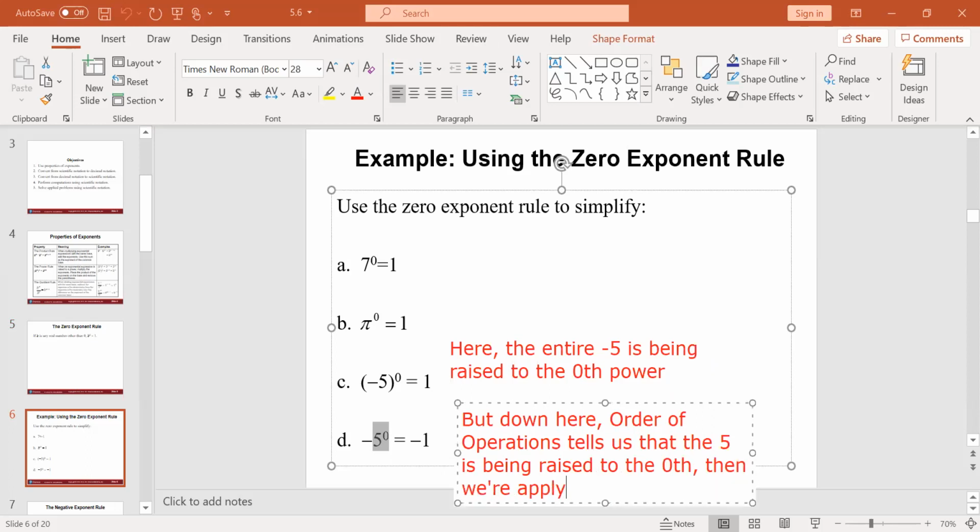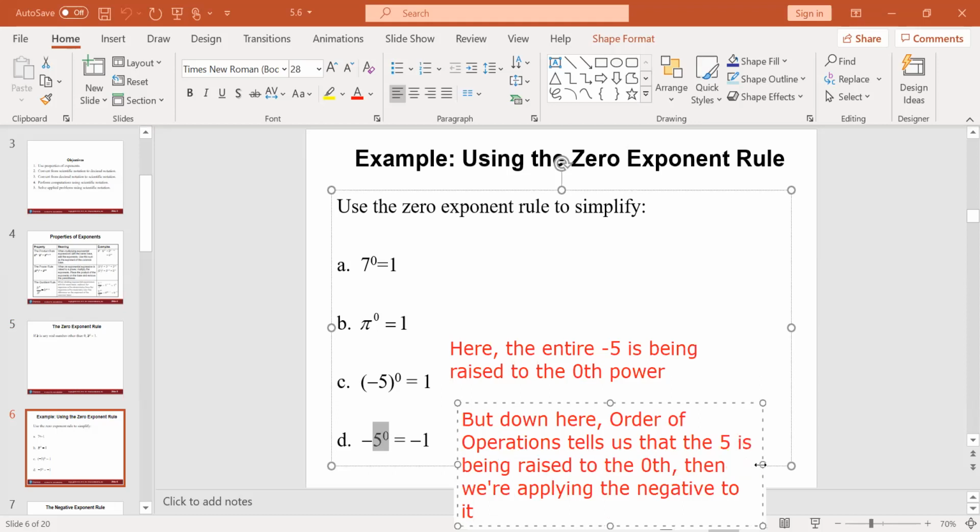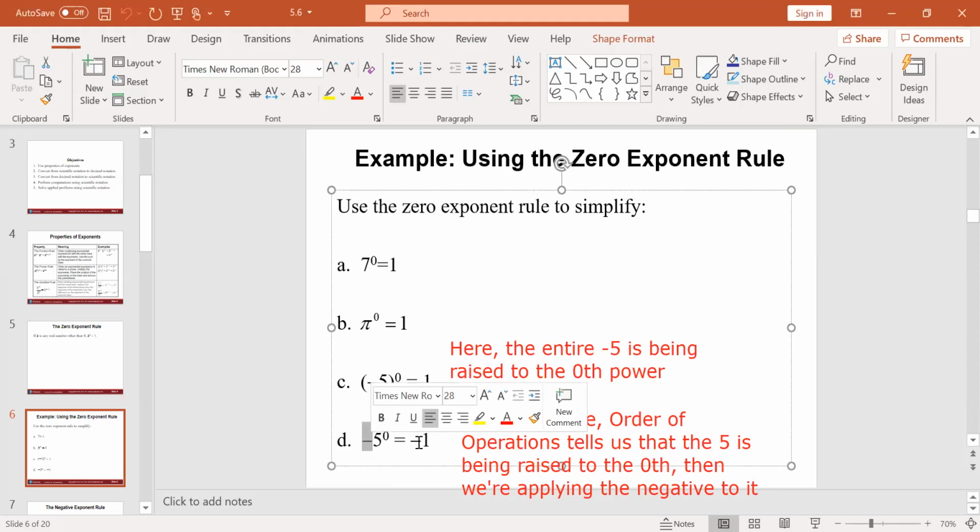Then we're applying the negative to it. So down here it's saying, no, you have to do 5 to the 0th first, then you're just slapping a negative sign in front of it. That's why written like this, it comes out to negative 1. So don't let that totally throw you off.